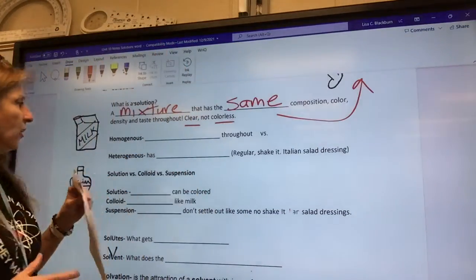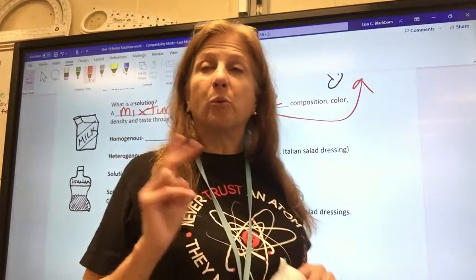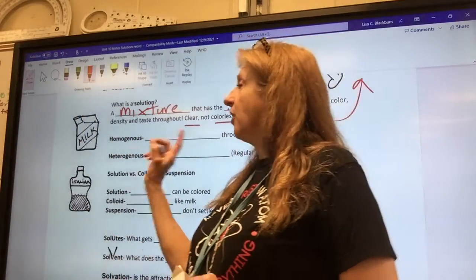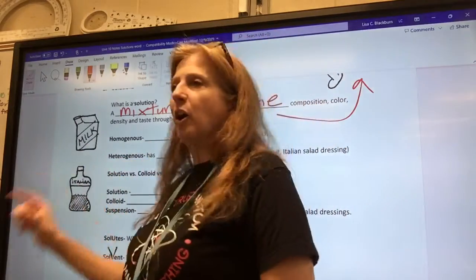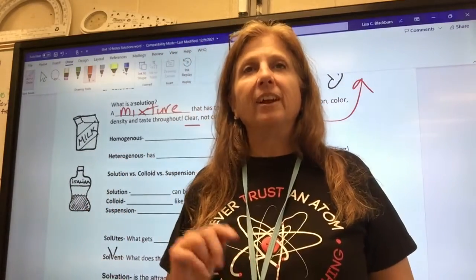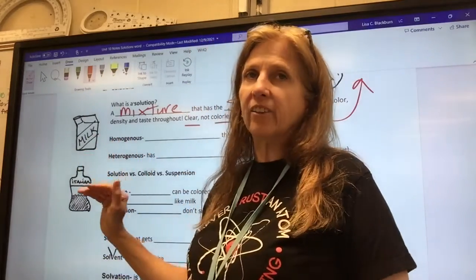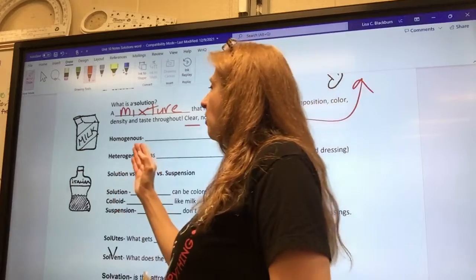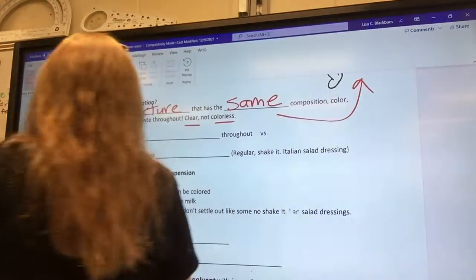All right, so the first thing is there are 2 kinds of solution, and y'all already know the root of this. Does homo mean same or different? And does hetero mean same or different? Different. So our solutions are either homogeneous, the same throughout, or heterogeneous, different throughout.